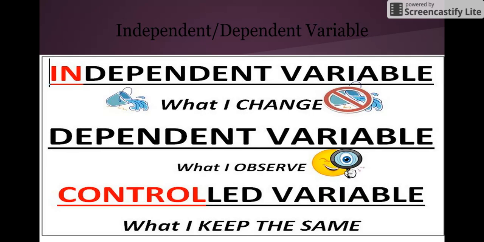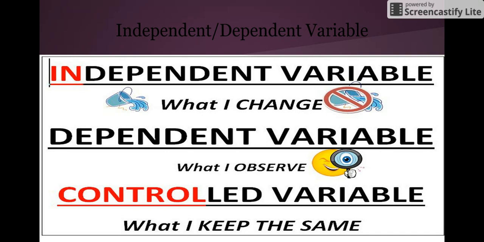Review. Independent and dependent variables. What does this have to do with a line graph? An independent variable, remember, is the one thing that we change in our experiment. Just like our task with our paper parachutes, we had paper, aluminum, and wax paper parachutes. That was the independent variable.